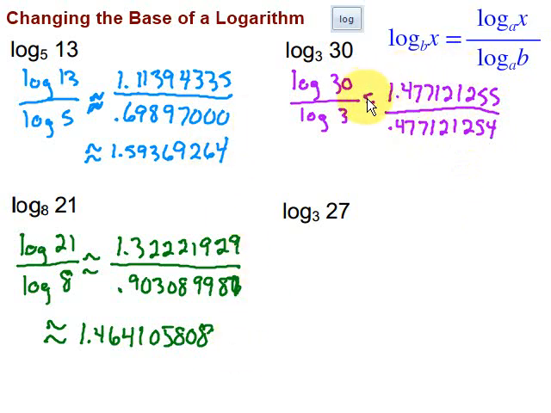So pop those back into your calculator, and this is also a great time to, if you're not already familiar with them, learn the memory functions or the answer functions of your calculator, which would allow you to keep the entire decimal in your calculator and make use of it.